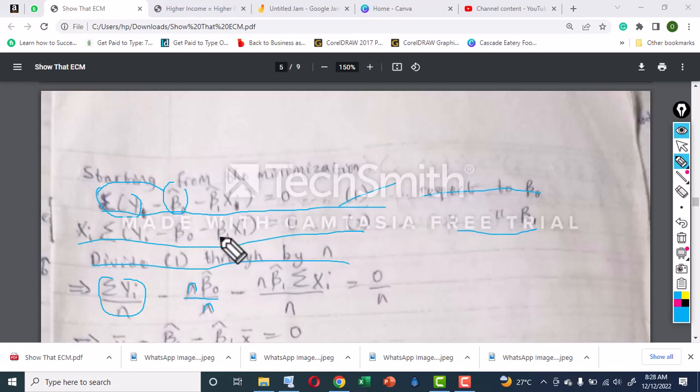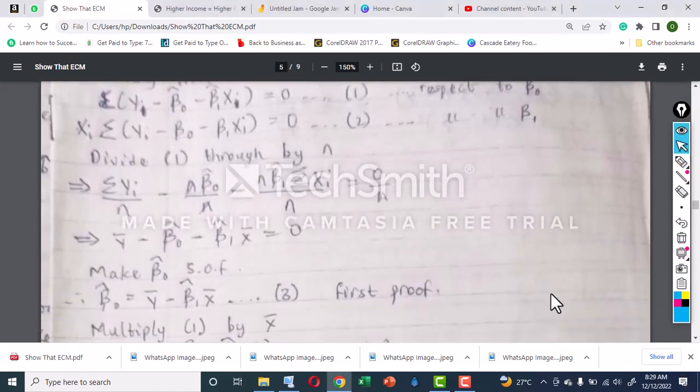Then summation times this, you simply give this beta 1, then xi, you also have summation, then everything divided by n. Then you divide 0 by n. So this first one is summation yi divided by n.